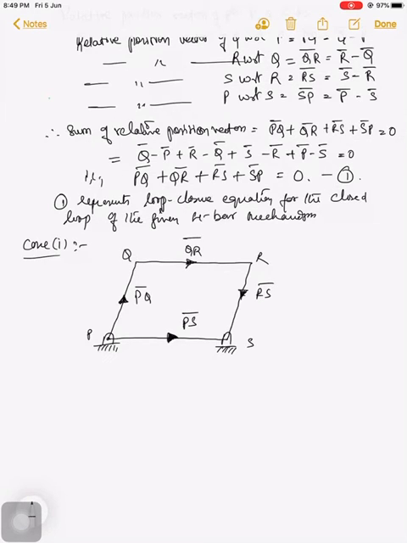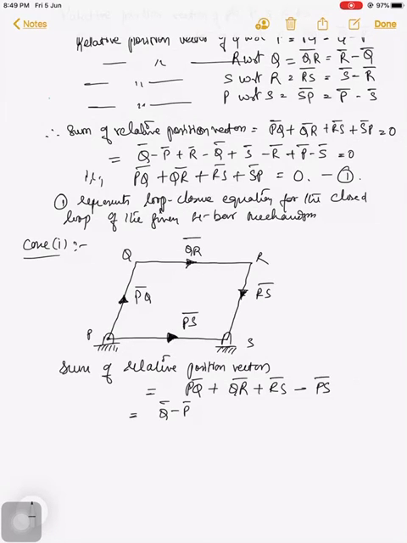So here, the sum of relative position vectors is equal to PQ plus QR plus RS minus PS, because the direction is opposite, minus PS. So that is equal to Q minus P plus R minus Q plus S minus R minus S minus P is equal to 0.